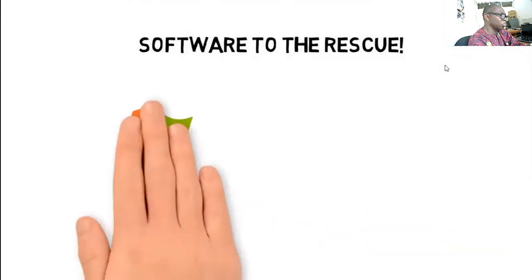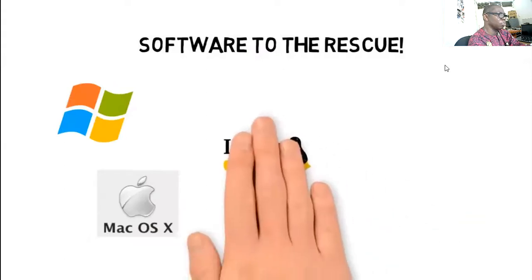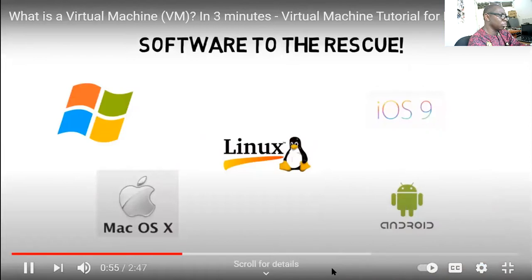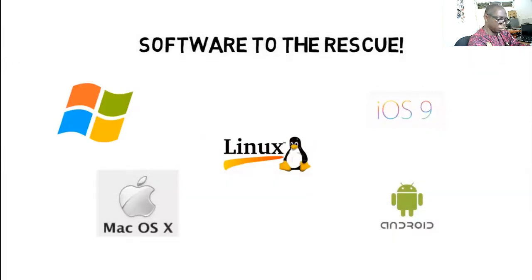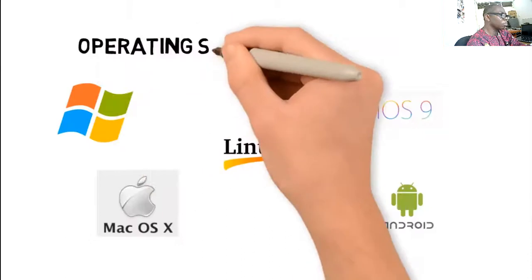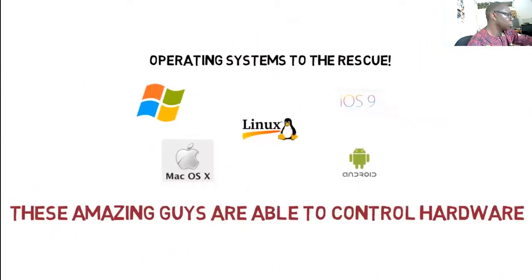Examples of software are Windows, OS X, Linux, Android, and iOS. Software that I just mentioned are examples of software that are able to control hardware. Because of their capability of controlling the hardware, they are put into their own special category of software called operating systems. Again, operating systems are software that are able to control hardware.